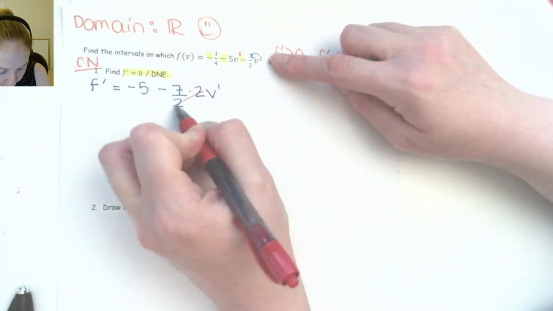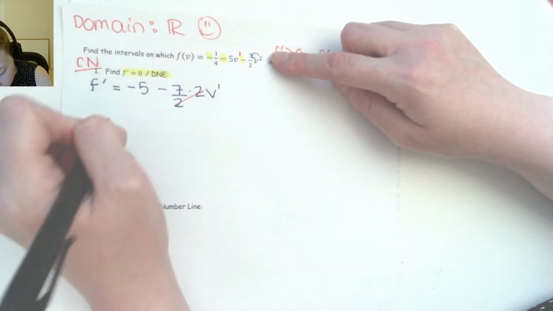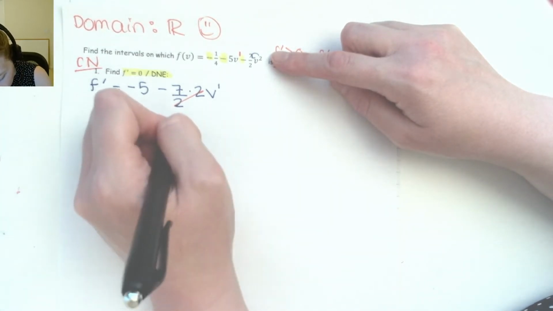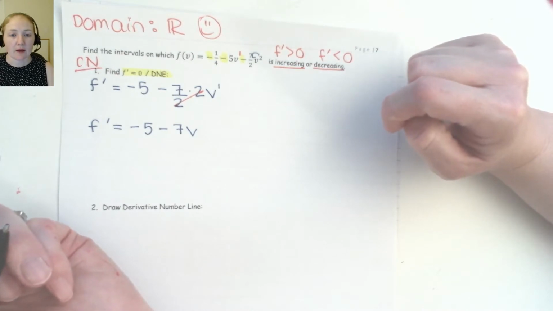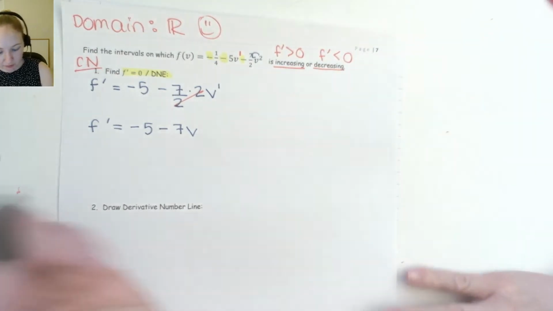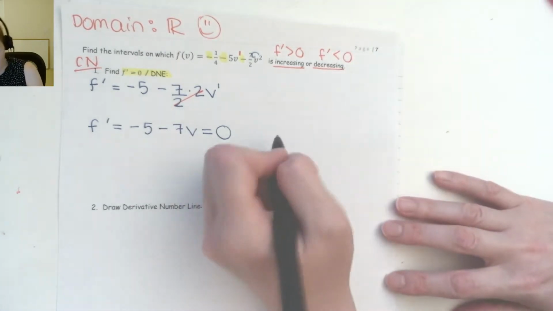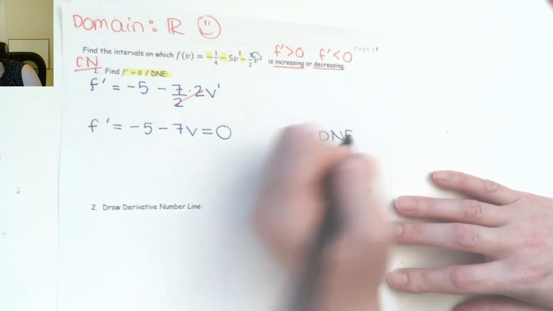Now, of course, those 2's are going to cross out, and so I'm just looking at a derivative that is -5 minus 7v. So to find the critical numbers, I'm going to set that derivative equal to 0 or derivative does not exist.